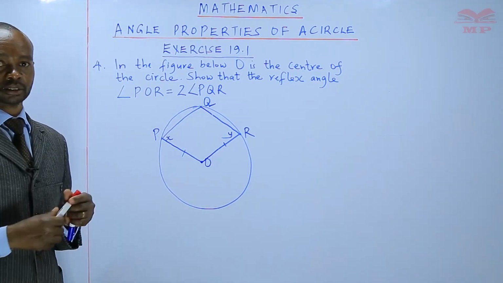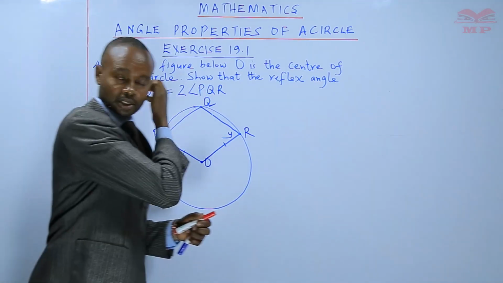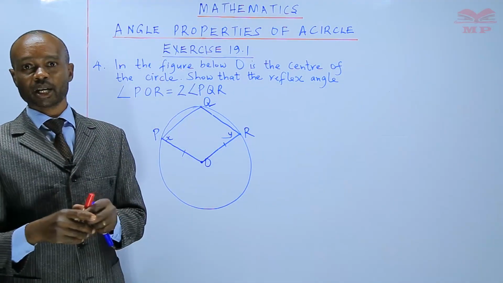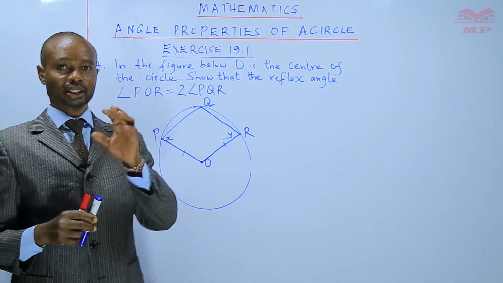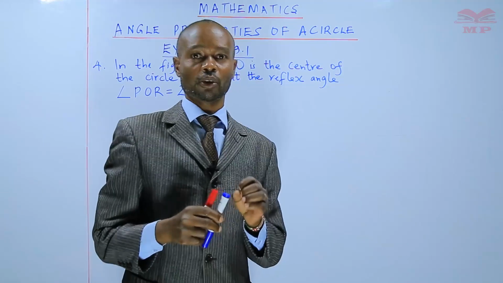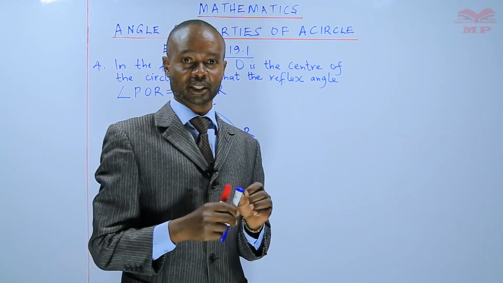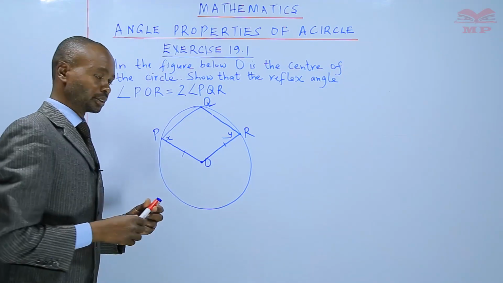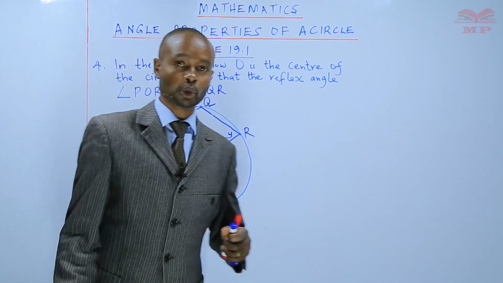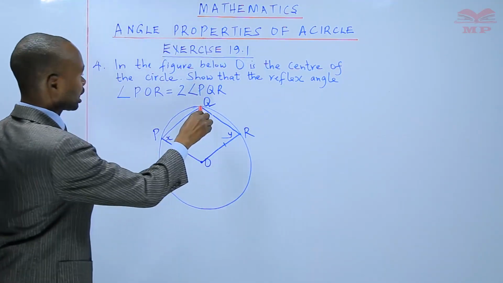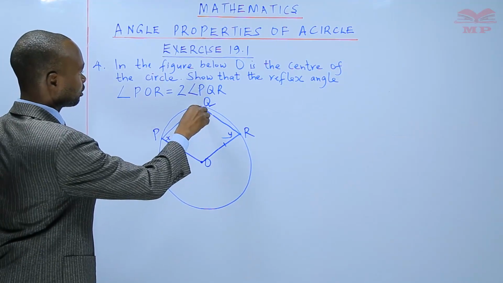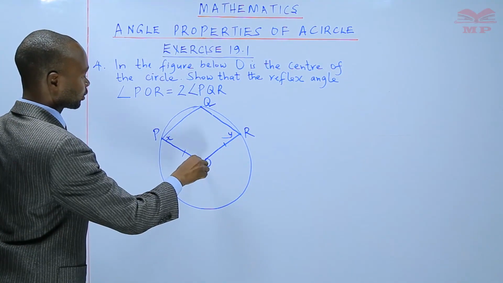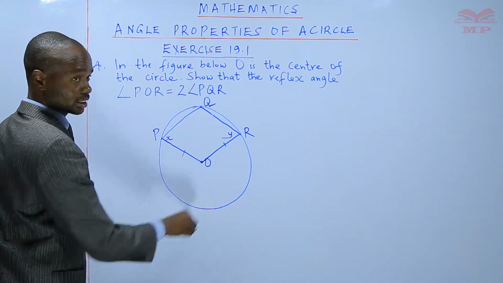So before we go to the solving of the questions, we have to get the underlying concepts before we get the angles. So one of the things we'll do, we'll introduce a chord running from Q right through O to the other edge of the circle.